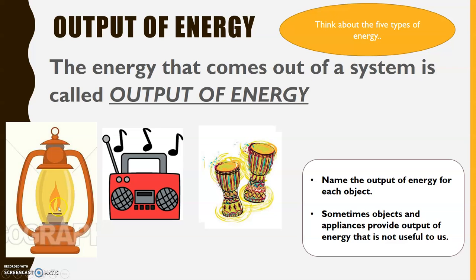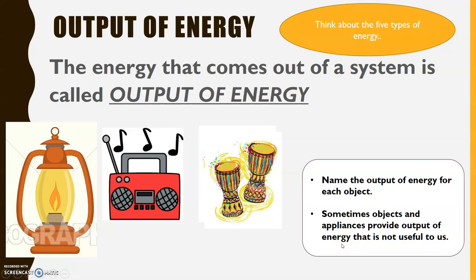We've already named this object as a paraffin lamp, and we said that the input of this object is paraffin. But once we've put in the paraffin, what does it give off then? It gives off light energy. If our electricity goes off and we switch on this paraffin lamp, we will be able to see each other.